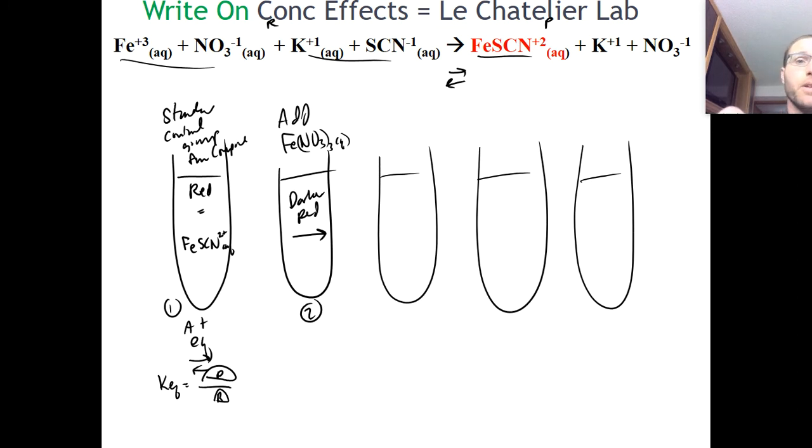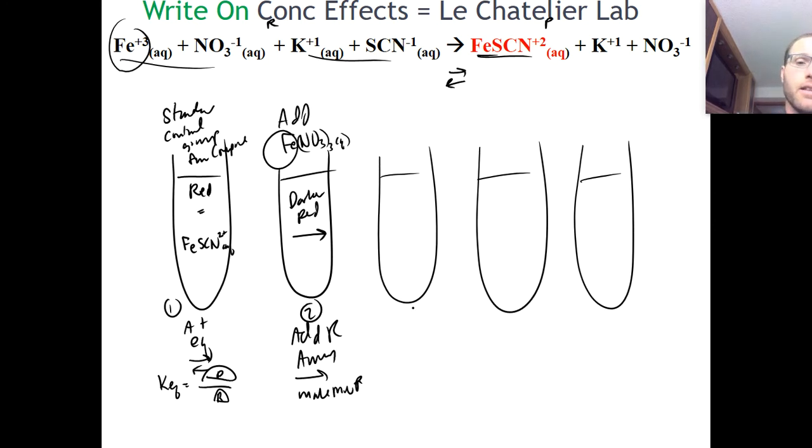We shifted it forward because if you consider what we're doing, we're basically adding a reactant. We're adding the iron part. And the iron allows you to make more of the product because it's going to collide more with the other reactants. If you add reactants, this will now make more products, right? Oh, the red stuff, Le Chatelier.